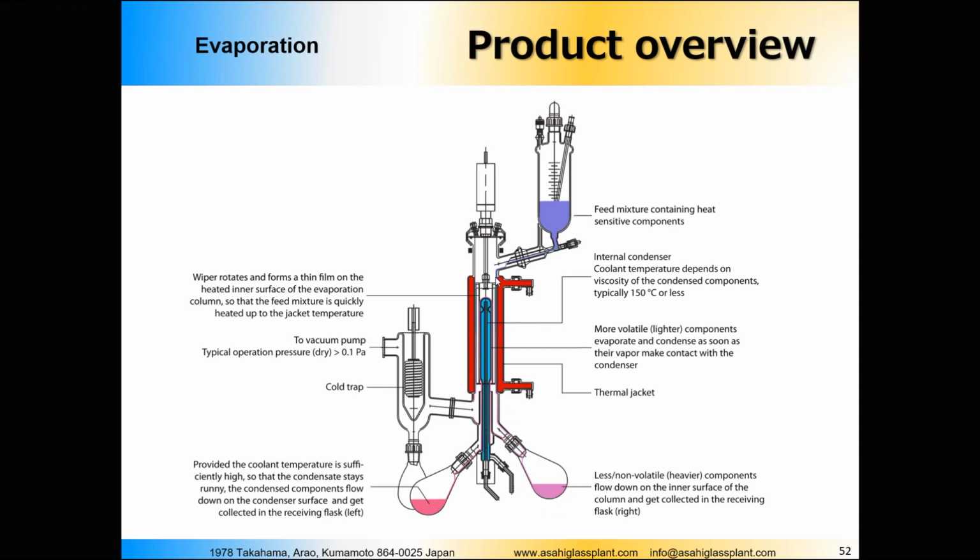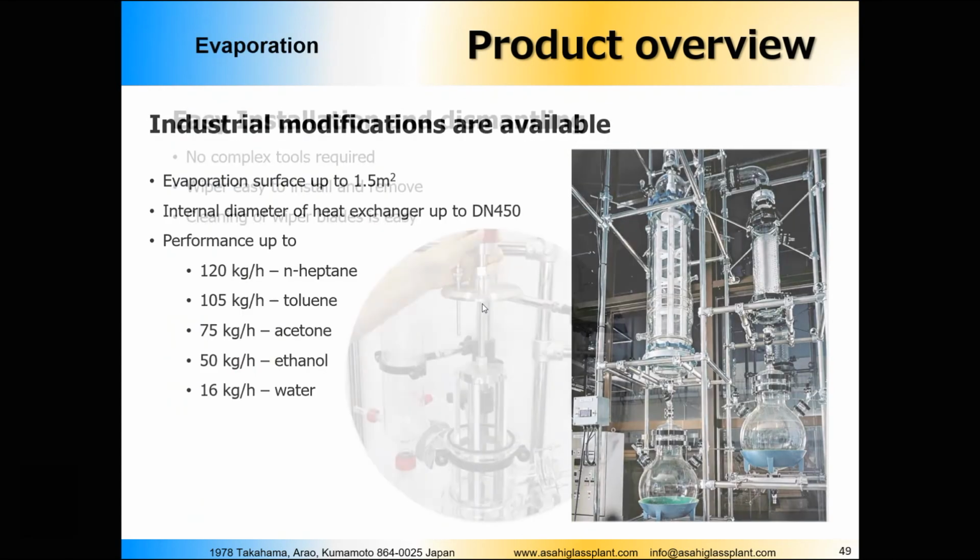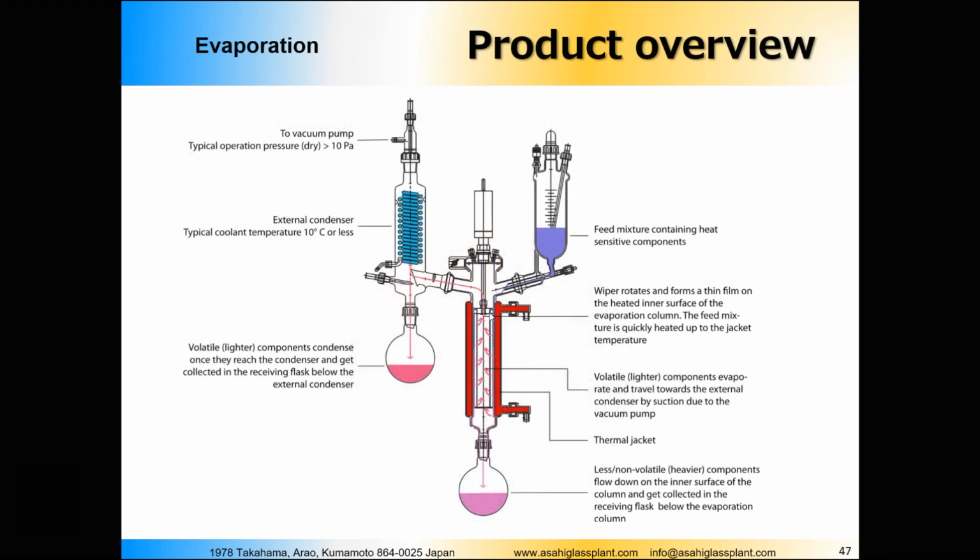So let's call it the heavier component. A lighter component would start to evaporate from the wall, but let me get back to the picture of the thin film evaporator. Some would say that we can do this thing in the thin film evaporator as well.